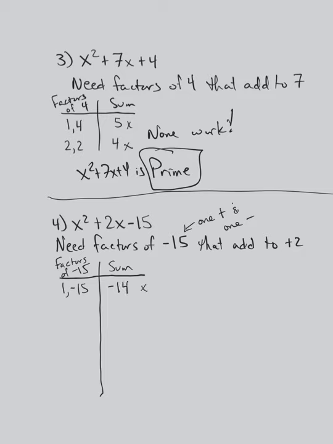Now I want to point out something else though that's important here, that another factor pair of negative 15 is negative 1 and positive 15. But notice whenever I add those together, I get 14. So you can look at the pairs of factor pairs, but notice that they only differ by sign.